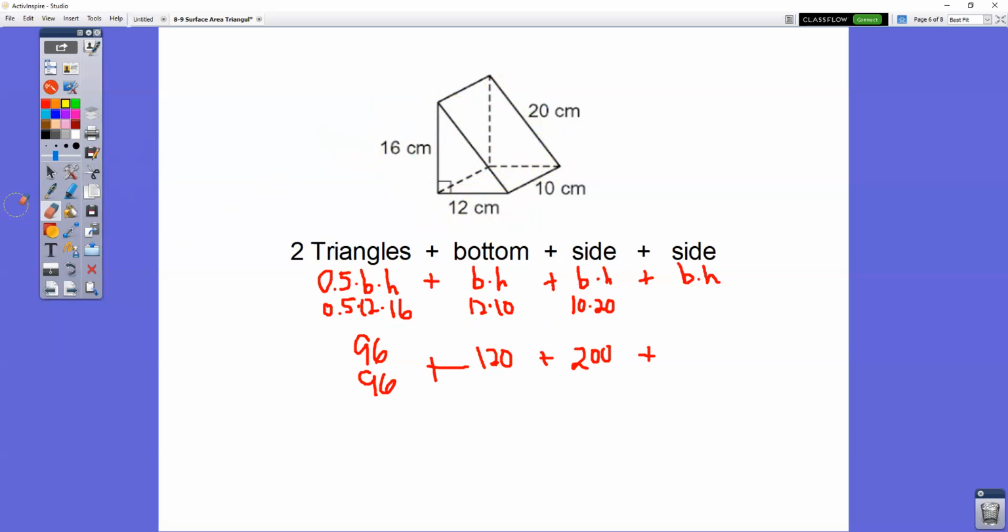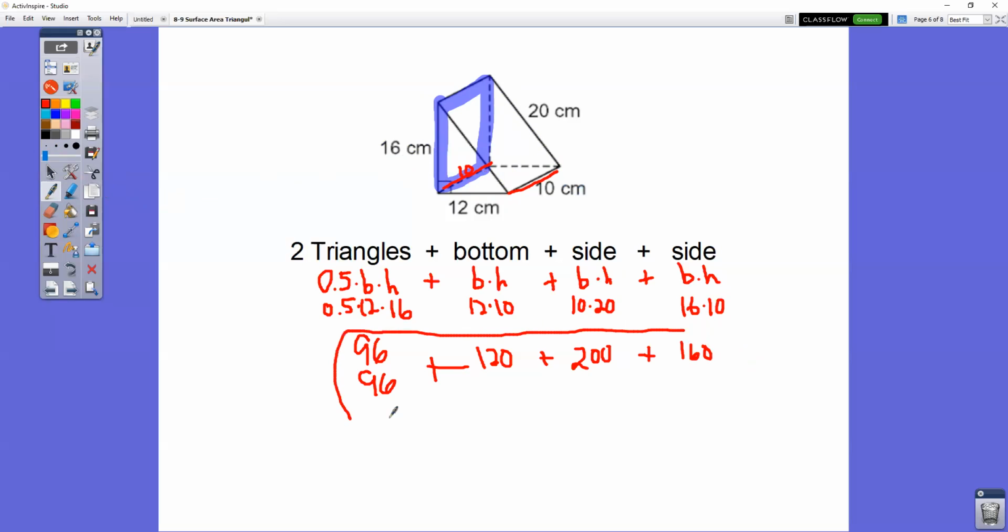On this back side, I'm taking a look at this rectangle. So this is 16, the height. This 10 we need to carry over to here because that 10 and that 10 are the same. So I have 16 times 10. 16 times 10 is 160.